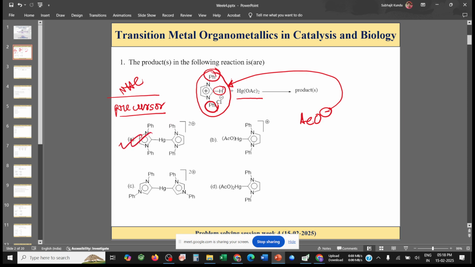Because of the very small substituent, that is a phenyl, it generally forms a dimeric complex with the mercury. So this option A will be the correct answer for this question. Here it is written products, but only one product will be obtained.